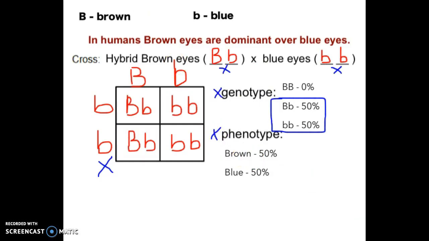Now, how to grade. What I would like you to do is, if the person missed anything in this Punnett square box, so if anything over here is incorrect, you are going to put an A in the top corner and circle it.